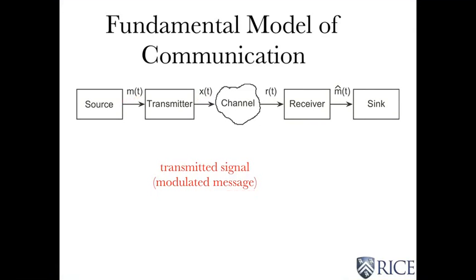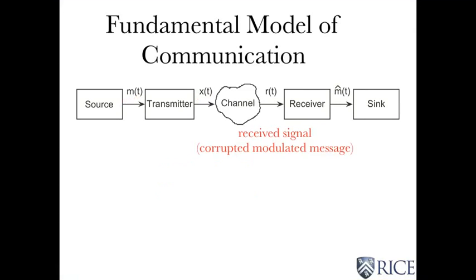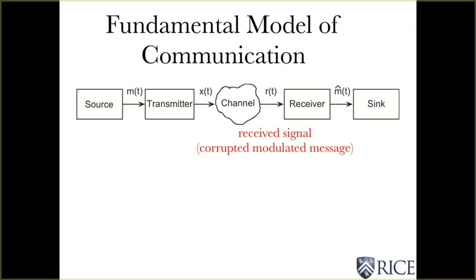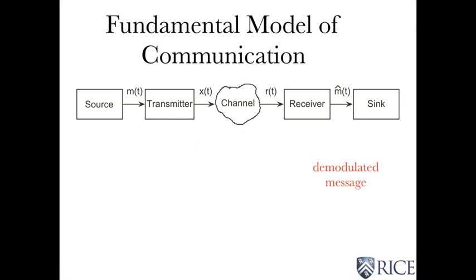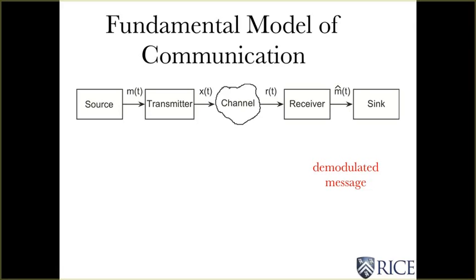That goes through the channel where nothing good happens and produces the received signal R, which, trust me, is a corrupted modulated message. It's going to do all kinds of things. Nothing good happens in a channel. The receiver's job is to try to figure out what that message was that was being transmitted, despite the fact it's been corrupted.